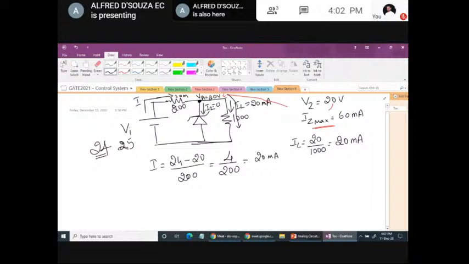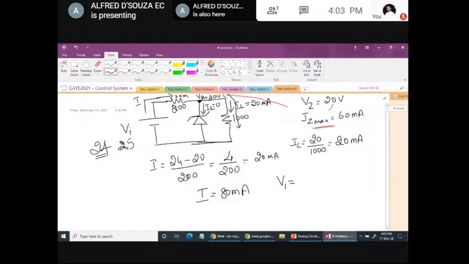So what is the maximum current that can flow through the Zener? Till 60 milli. So Zener current can increase up to 60 milliampere. In that case, the total current can go up to 20 milliampere already flowing plus 60 milliampere, so it can go up to 80 milliampere. For what value of VI will I get 80 milliampere?